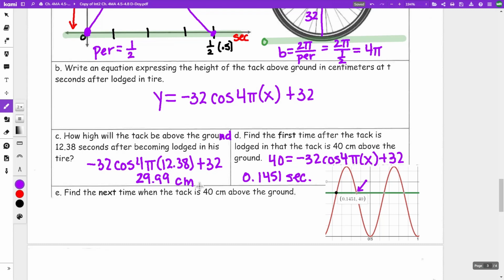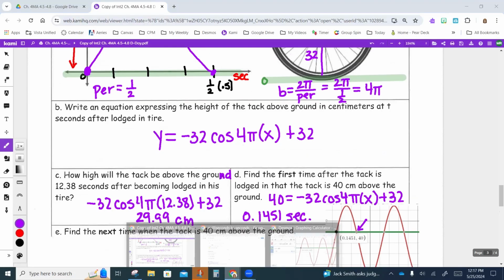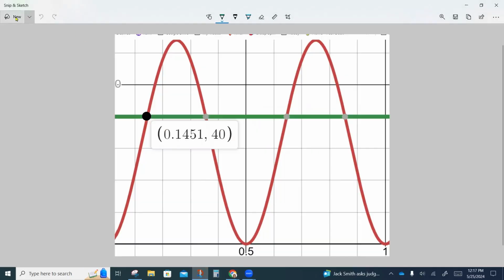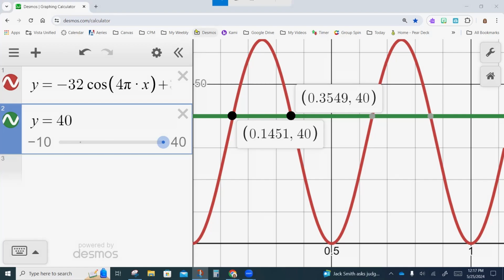Now, to work that out, I can again go back to this. Let me get my graph back. Here you see it's going to be 0.359. So that would have been a better picture to put, honestly. So let's get this one.